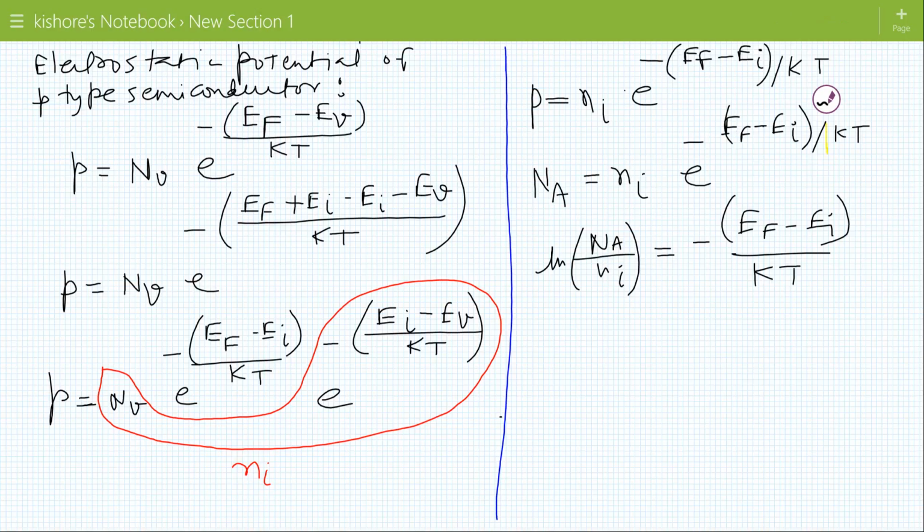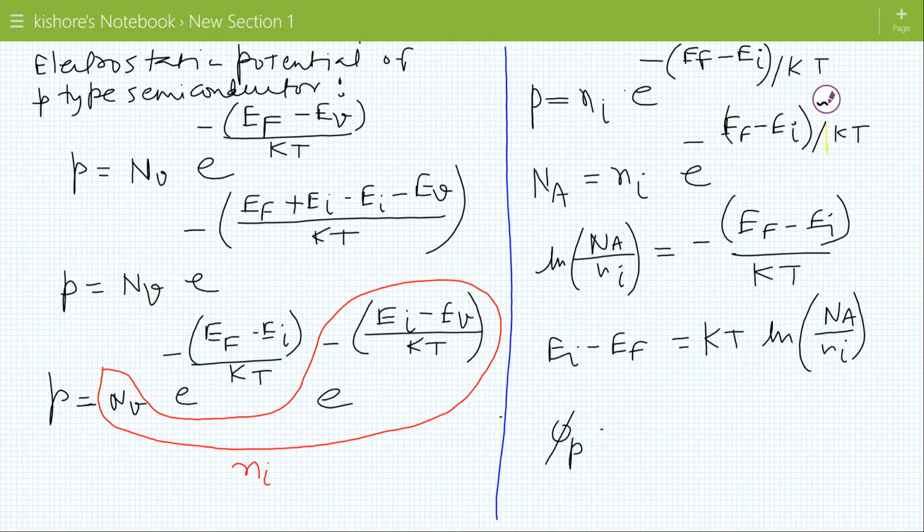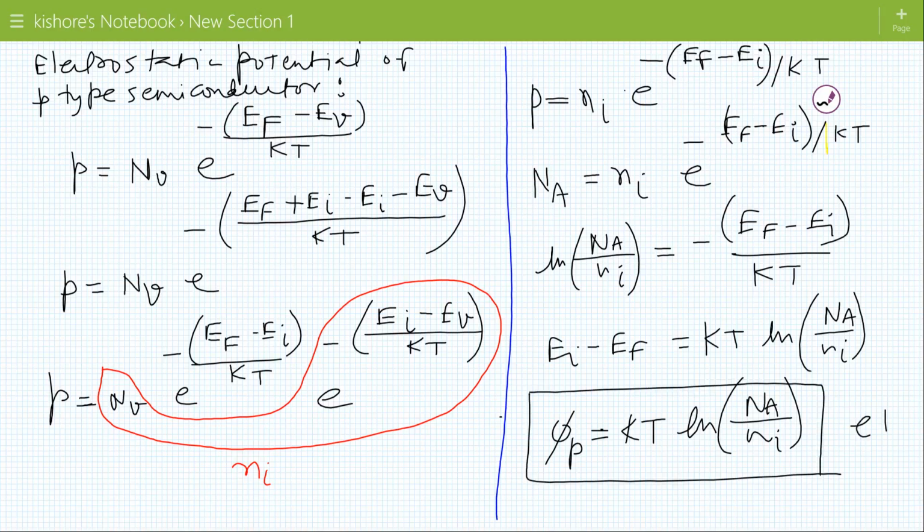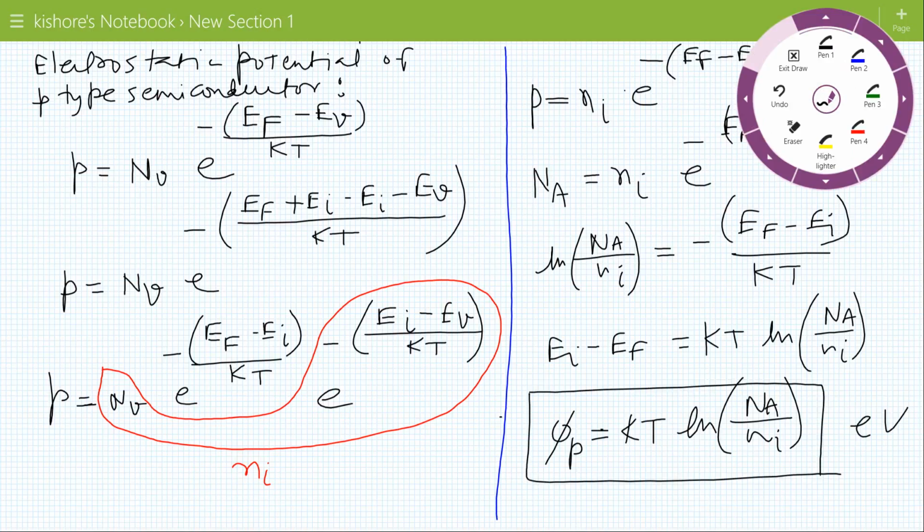So this Ei minus Ef is Kt natural log of Na by Ni, and this Ei minus Ef is phi p, that is Kt ln Na by Ni, which is electrostatic potential of p-type semiconductor in terms of electron volts.